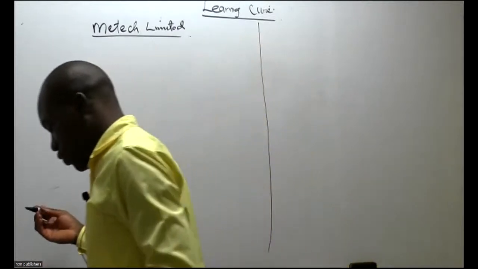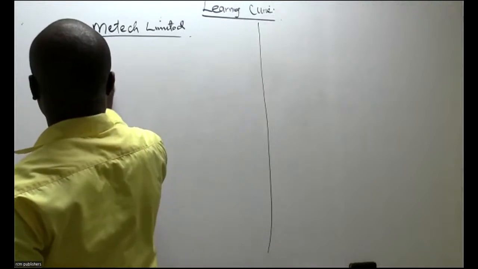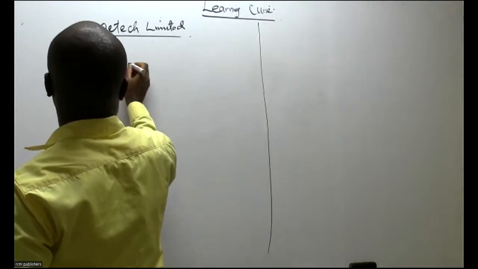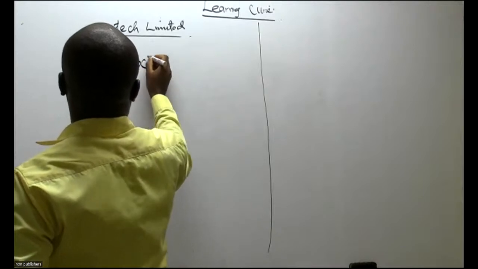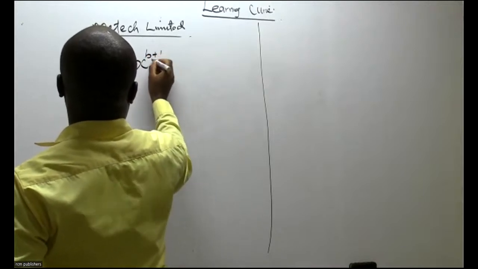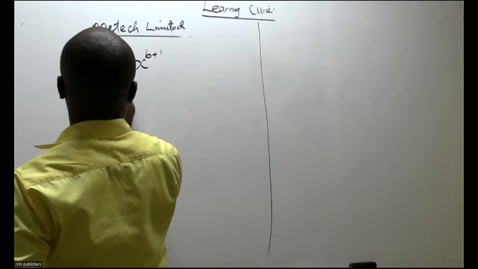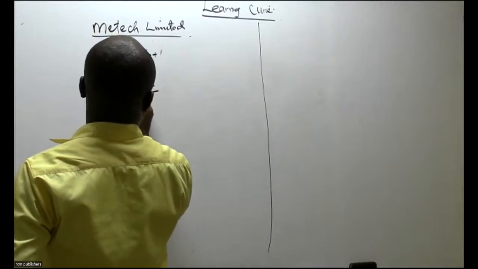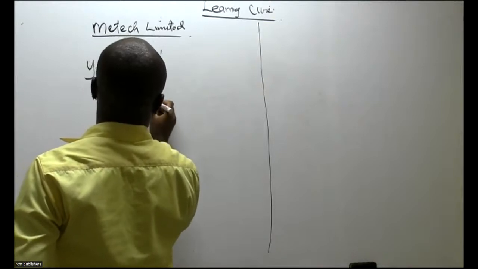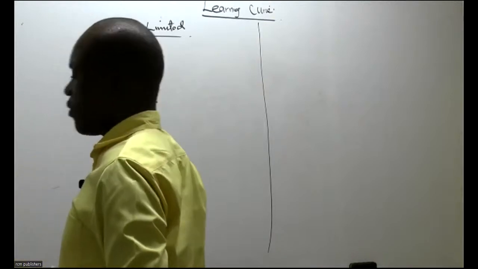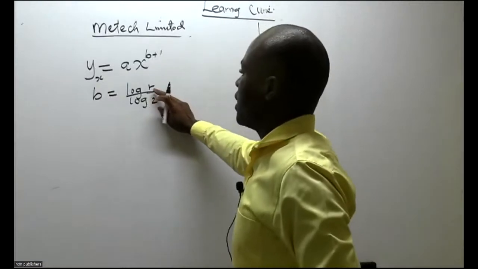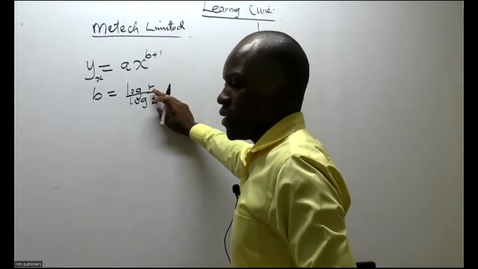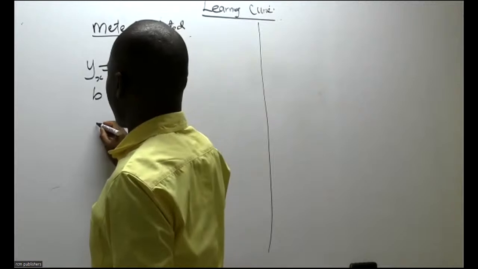Remember, our formula was y x is equal to a x^(b+1). This b is equivalent to log r over log 2, and r is the learning effect. So have we been given the value of r in the question?